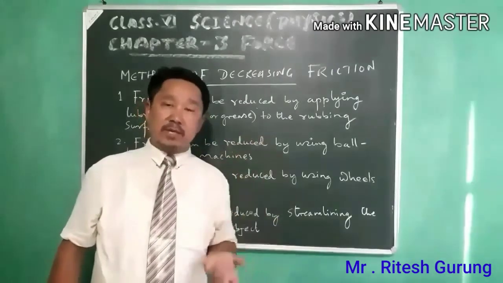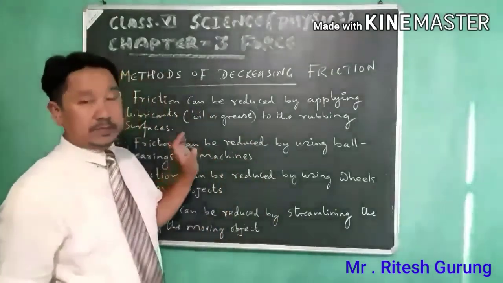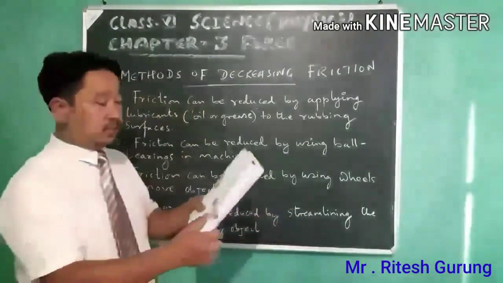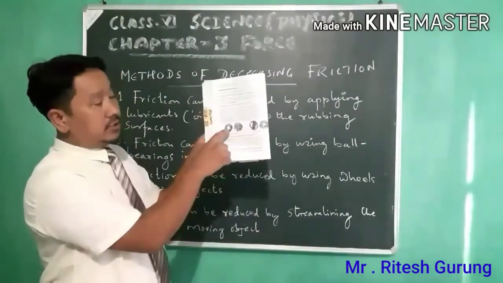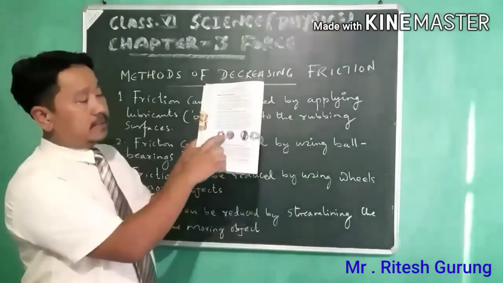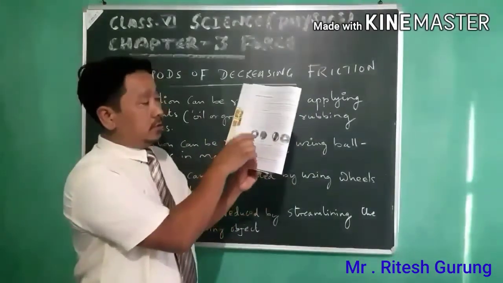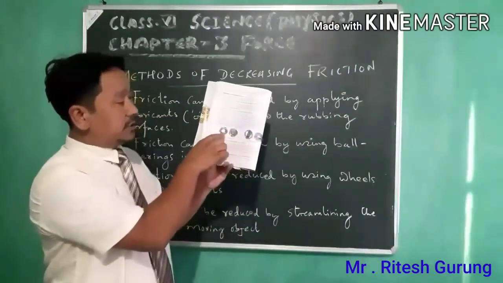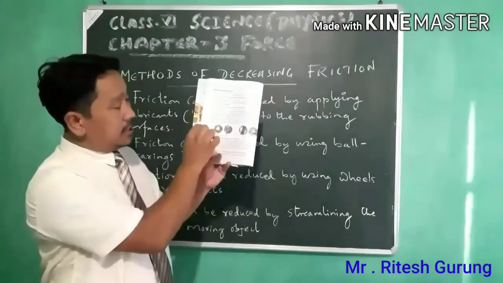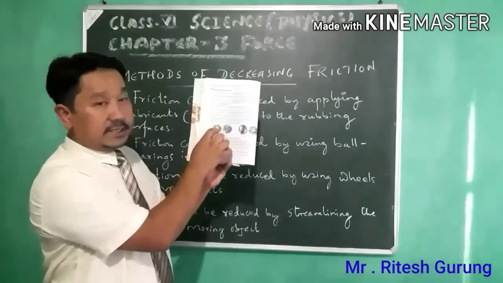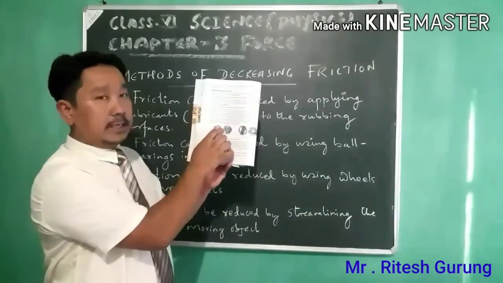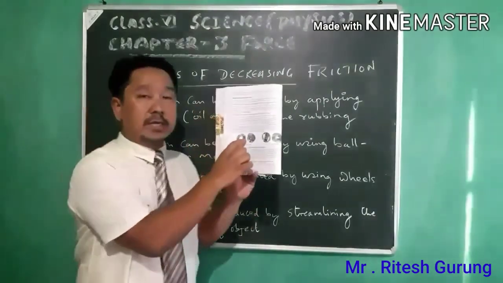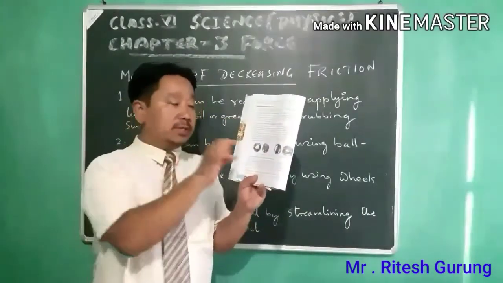All right, then in the vehicles we see the use of ball bearings. What ball bearings actually are? You see here, this is given in the book. This ball bearing is a device used in the machine, consisting of two metal rings, in between of which you find steel balls.